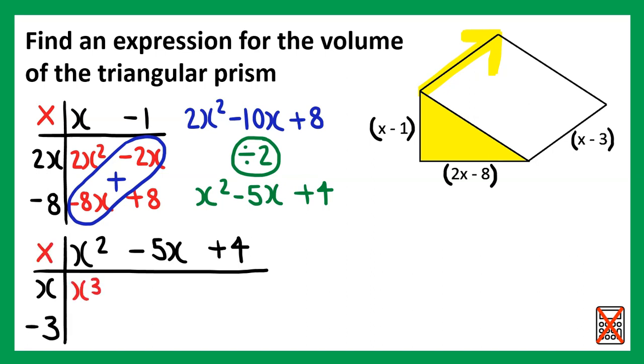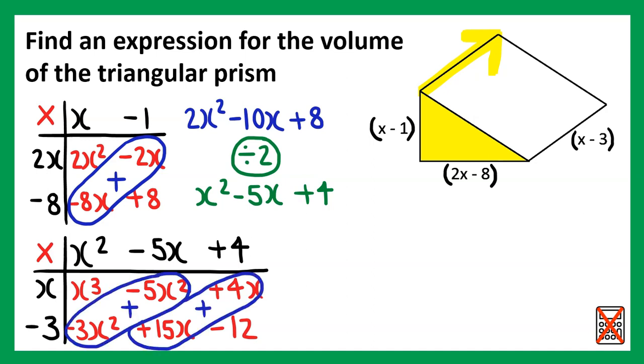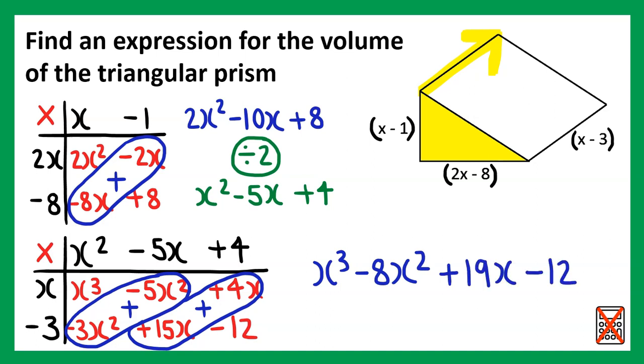Multiplying will give me x cubed minus 5x squared plus 4x minus 3x squared plus 15x minus 12. Collecting like terms leaves me with a final answer of x cubed minus 8x squared plus 19x minus 12.